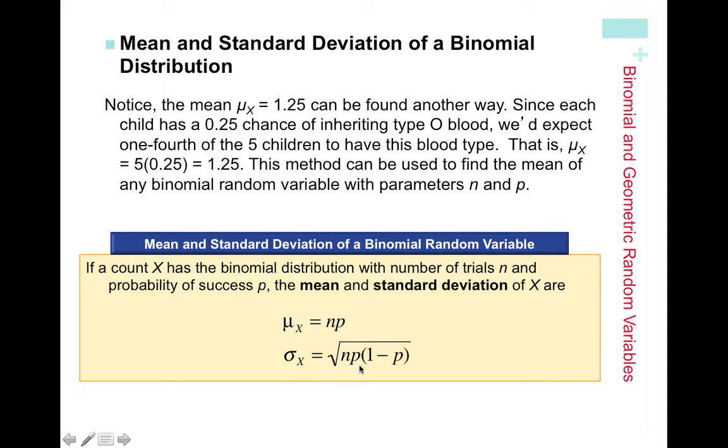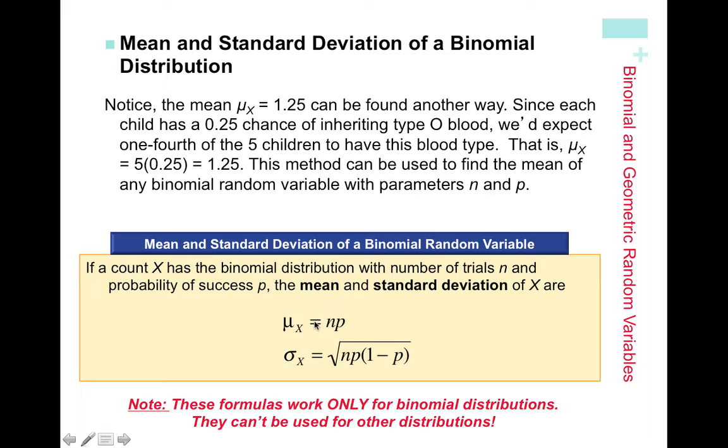The standard deviation of x is the square root of n times p times 1 minus p. Remember, the mean is always what you expect to have happen. And again, these only work for the binomial. So the mean is 1.25, so they expect 1.25 of the children, out of 5, to have type O.